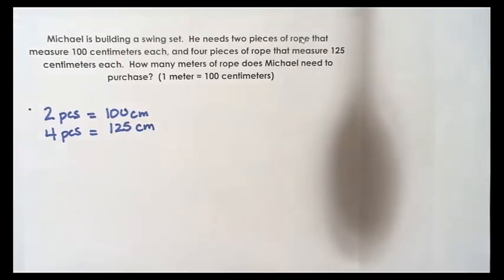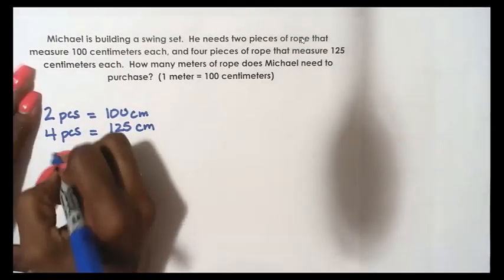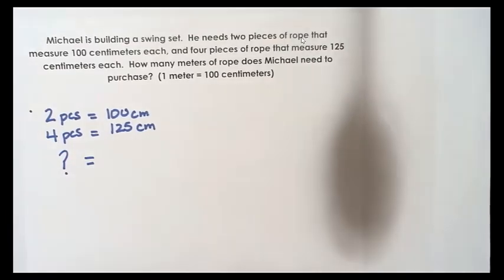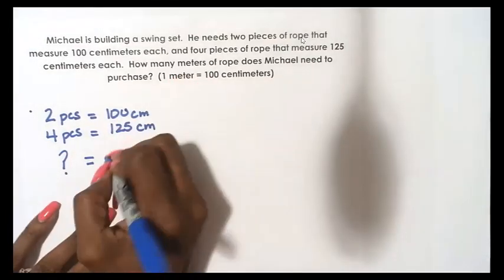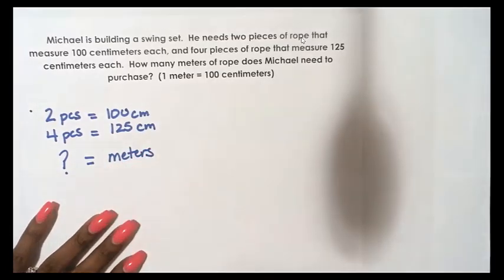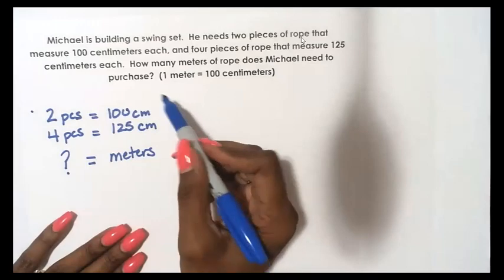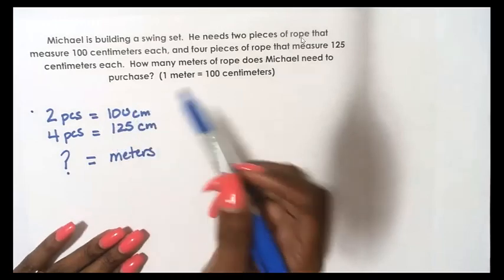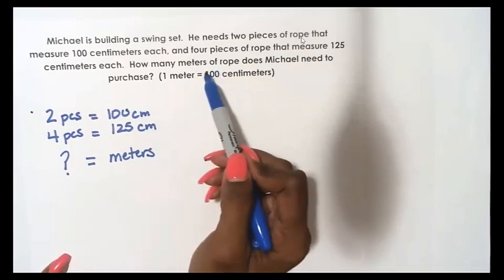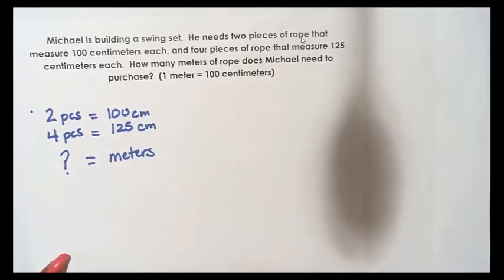Now, what I don't know is how much rope he needs to buy in meters. I noticed that the lengths of the rope that's needed were given in centimeters, but we need to determine how many meters of rope Michael needs. So that means we will need to convert.